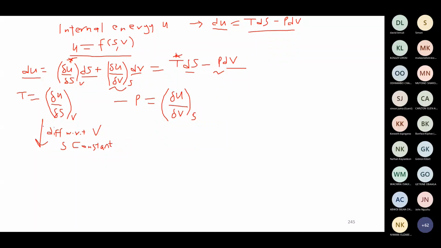So this one, differentiating this and keeping s constant, this one becomes du/ds at constant v would be equal to, so I've just swapped the sides.